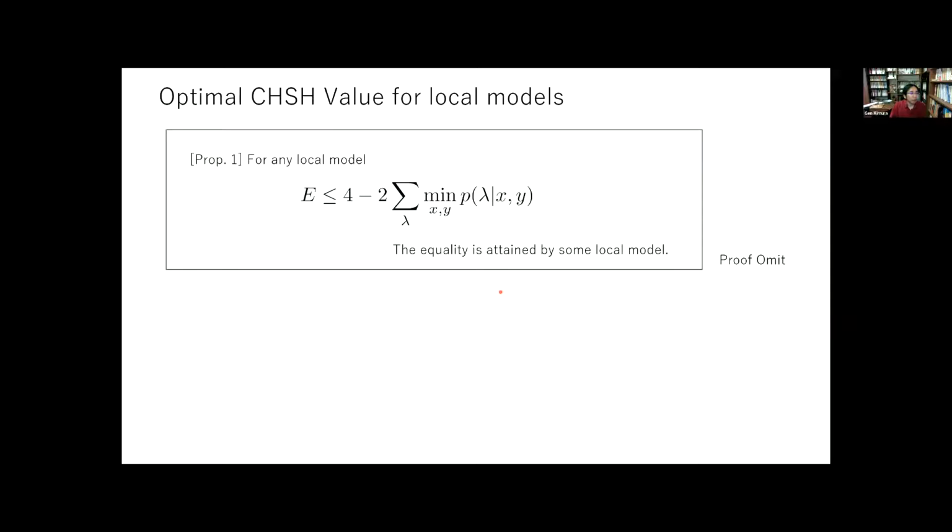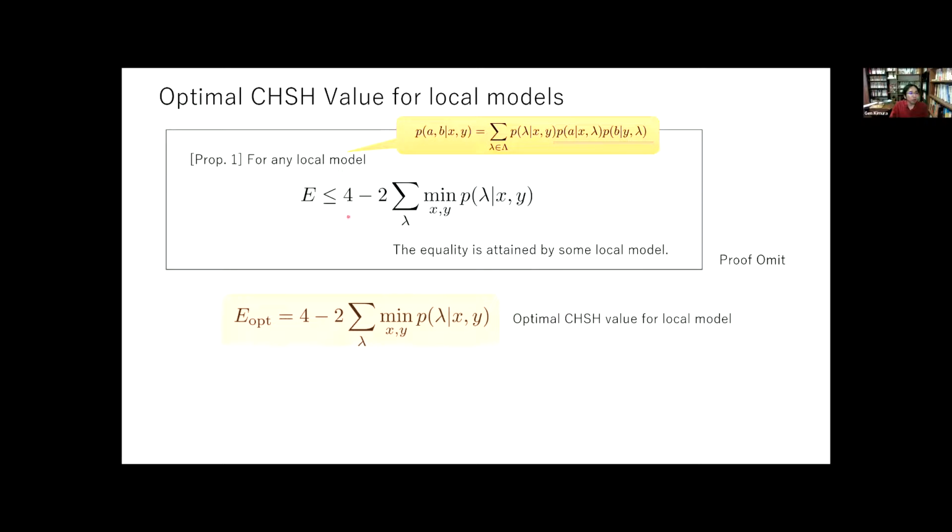Okay. Our first result is about the optimal CHSH value for any local models. For any local models, the CHSH value is upper bounded by these quantities, and the equality is attained by some local model. I skip the proof, which is simple. By local model, I mean that our empirical probability is given by this one, where we only assume Bell's locality.